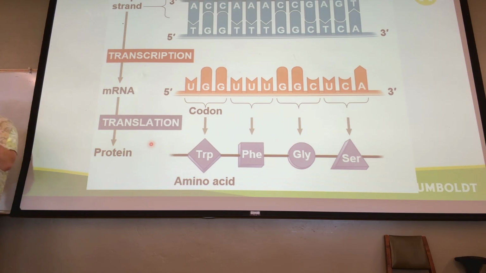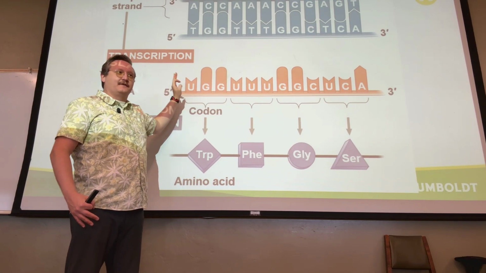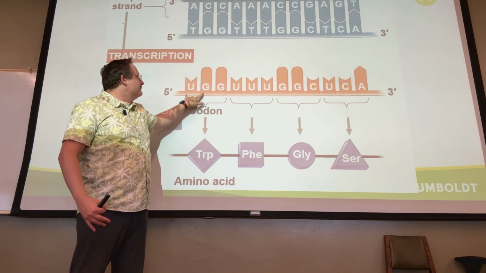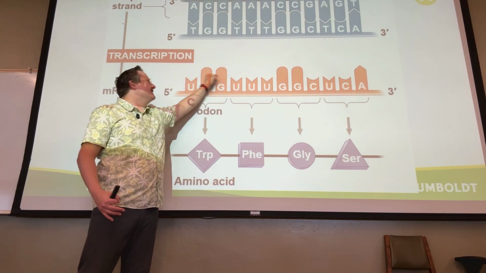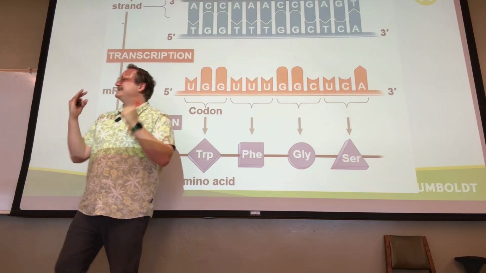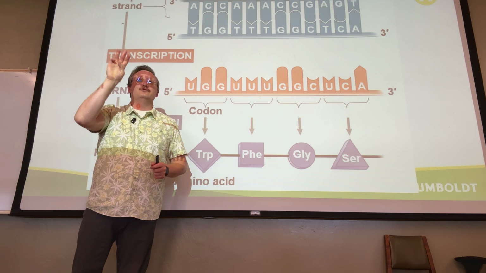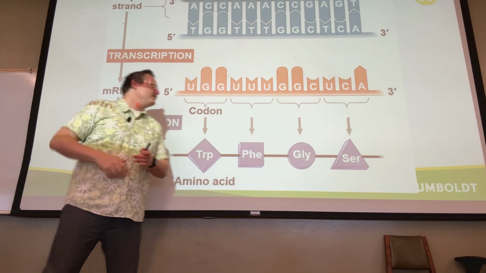There are 4 possibilities for each nucleotide, and by grouping them into packets of 3, there are actually 64 different potential combinations for each 3 nucleotide grouping. All right?